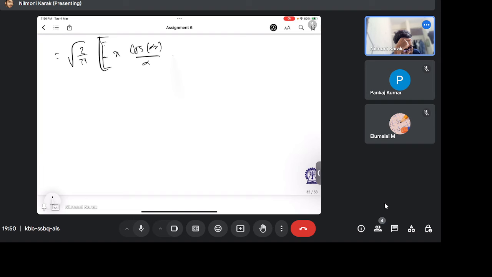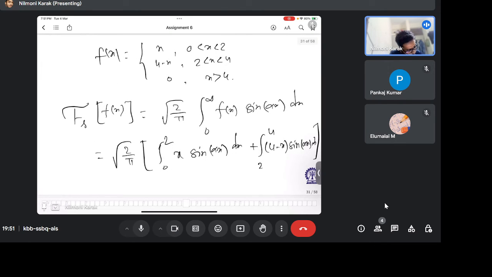First of all, the derivative of x is 1, and the integration of sine alpha x is minus cos alpha x by alpha, and then the integration of cos alpha x is sine alpha x divided by alpha square, and this is 0 to 2. And then x minus 4 times x minus 4 minus x times sine alpha x, right?